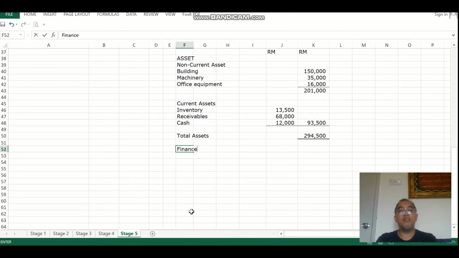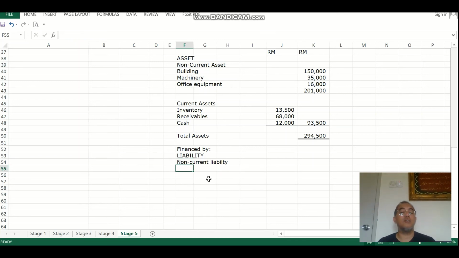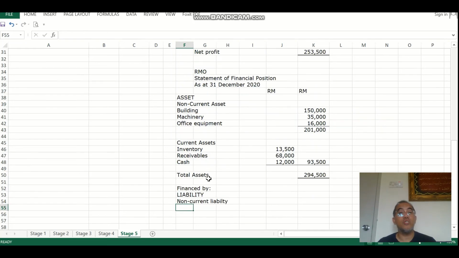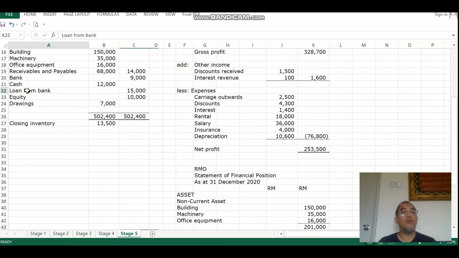Okay. Financed by liability. So we have non-current liability. So non-current liability is a long-term liability that should be more than 2 years. So of course we have loan from bank.